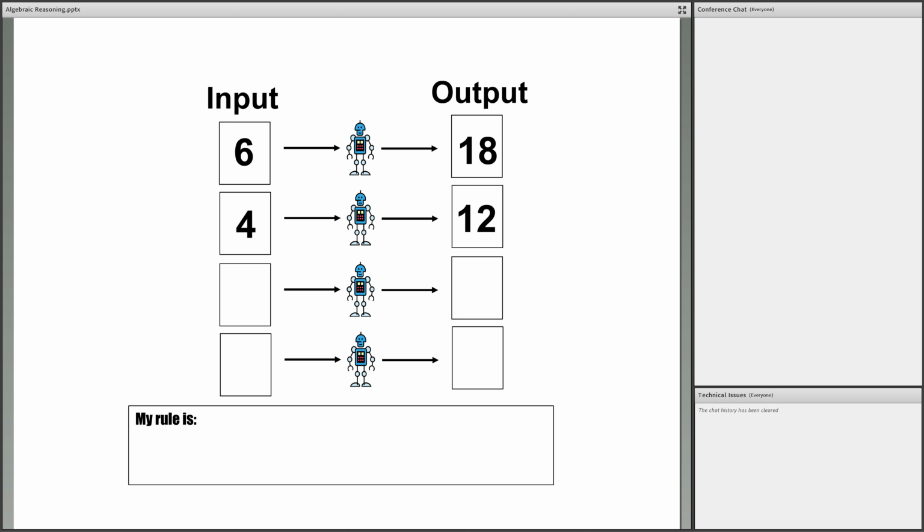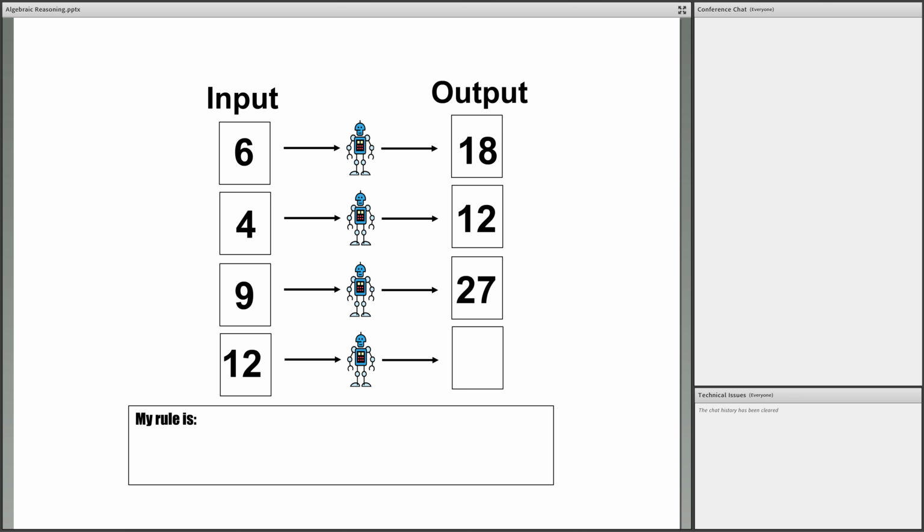So you ask for another input number. Somebody says 9. This time you ask them to turn and whisper to the person next to them and predict what they think the output number is going to be. And it is 27. And then the final thing, somebody calls out 12.